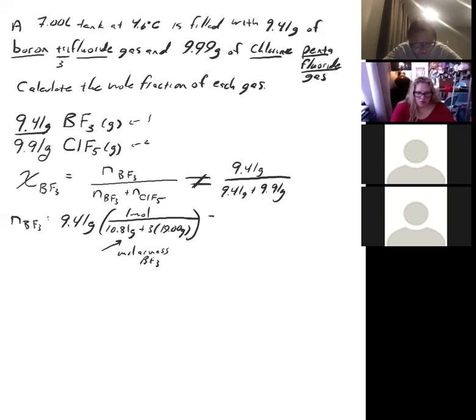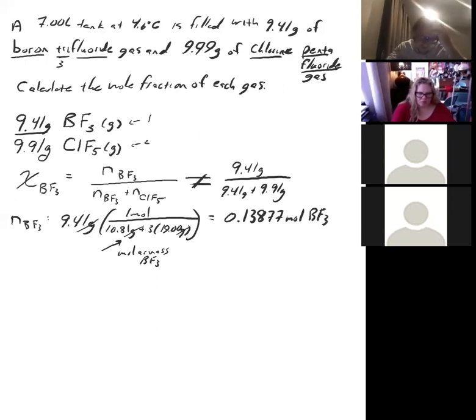So your grams are going to cancel, and then you just have moles there. So 9.41 divided by 10.81 plus 3 times 19.00, and it looks like it's 0.13877. I'll just write 77.